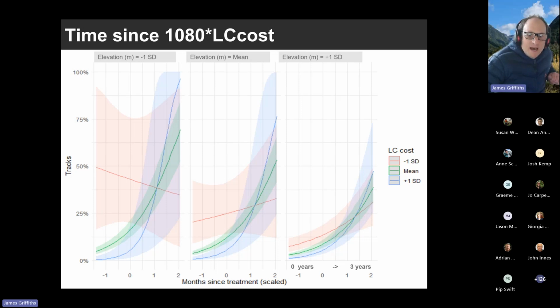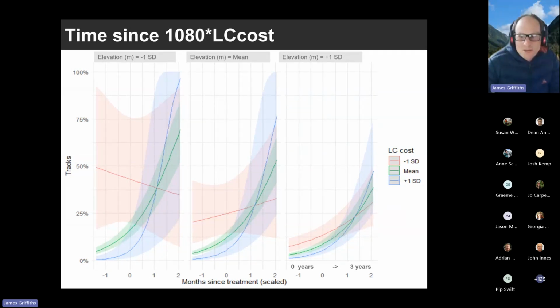The panels show elevation: the left is -1 standard deviation from the mean, the middle panel is the mean elevation, and the far right hand panel is +1 standard deviation from the mean. And the colours show least cost, 1 standard deviation minus from the mean, and then +1 standard deviation from the mean.